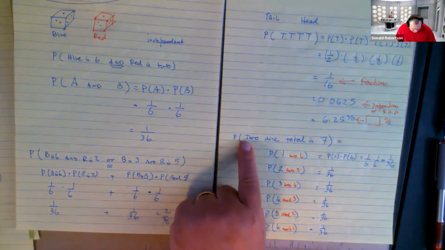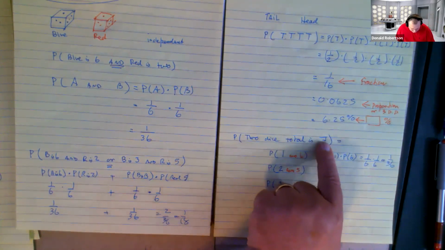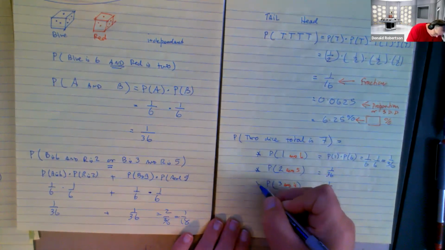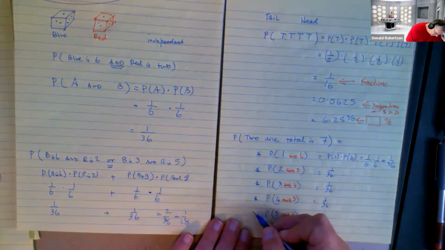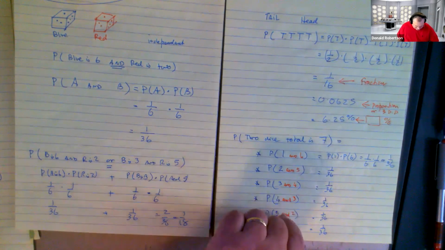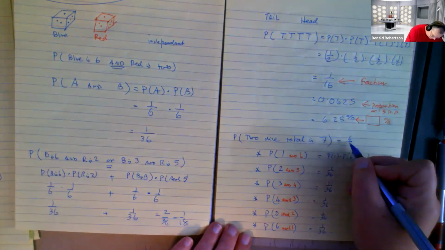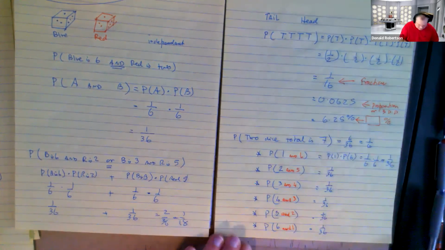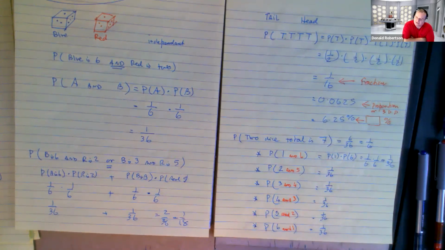So the probability that 2 dice give you a total of 7, isn't it made up of each one of these events added together? And there's 1, 2, 3, 4, 5, 6 of them. So 6 out of 36. And after all that hard work, do you know if you roll 2 dice, the chances you get a 7, as you're told, is going to happen 1 out of 6 times?